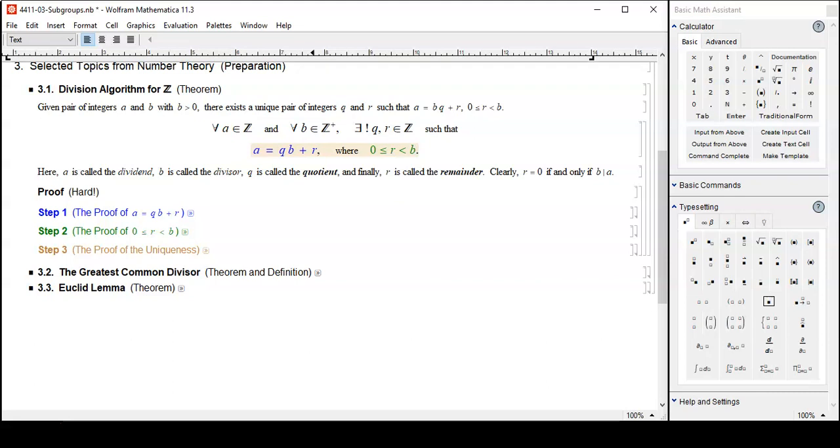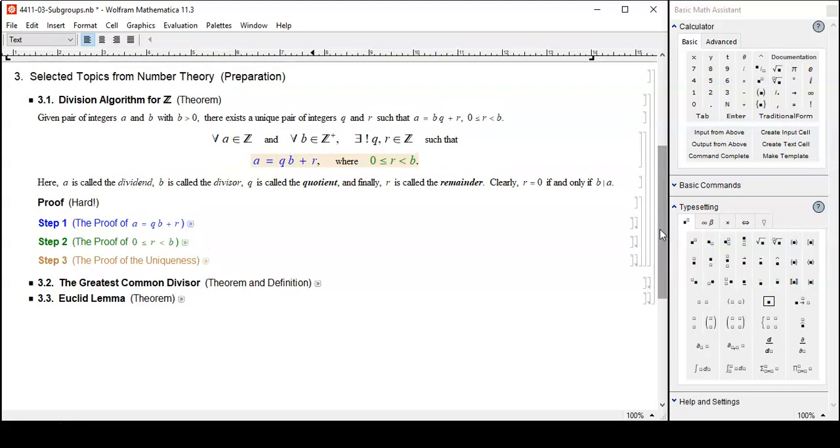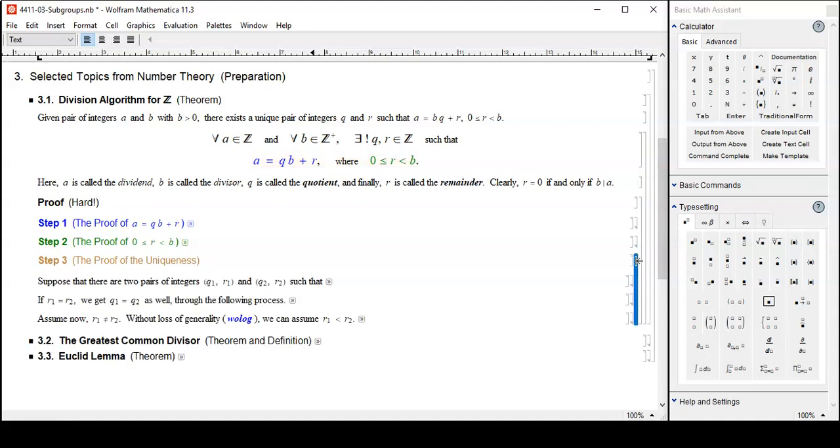Now let's prove the uniqueness. Let's suppose there are another pair. There are two pairs, Q1 and R1, and Q2 and R2, and they both satisfy the conclusion.